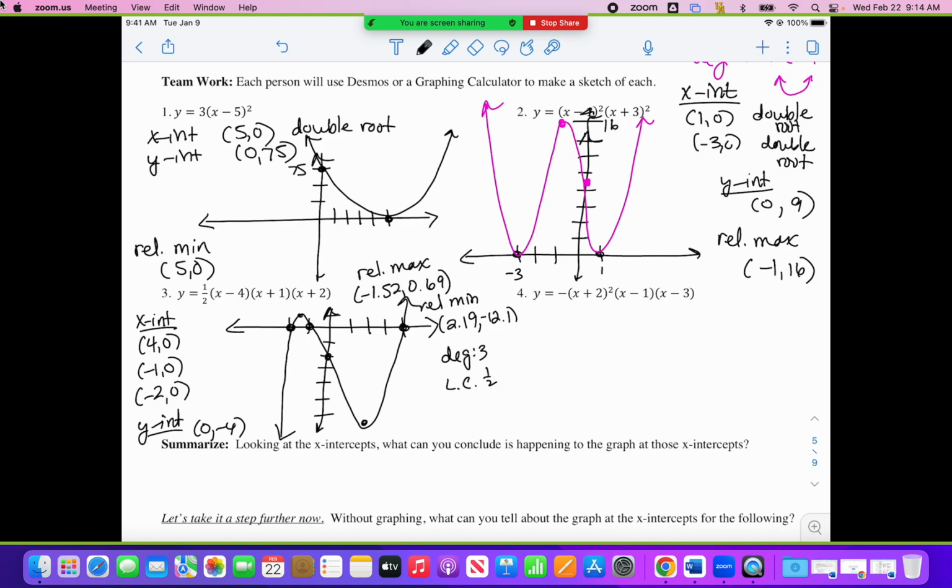If you can't see the whole curve, you're going to have to play with your window first. So on the Nspires, let's first talk about window. You press menu, and then I think number 4 is the window. And then you do number 1 that says something like window settings.